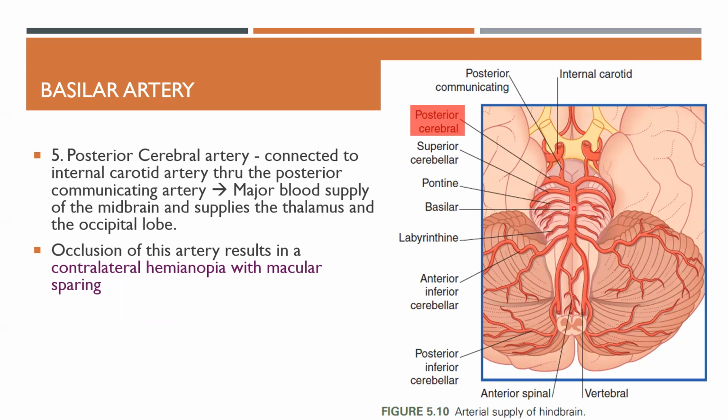And you have the superior cerebellar artery supplying the superior portion of your cerebellum, and your posterior cerebral artery supplying the midbrain and thalamus, connected to the internal carotid artery through the posterior communicating artery.